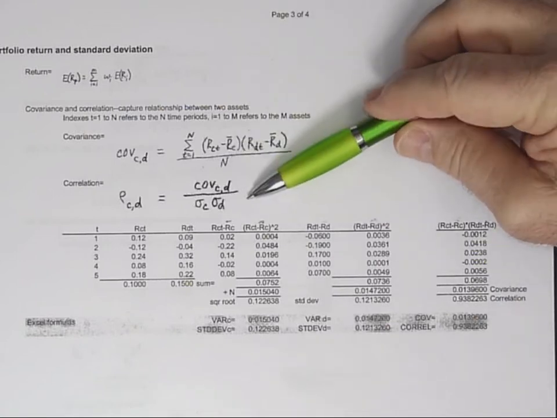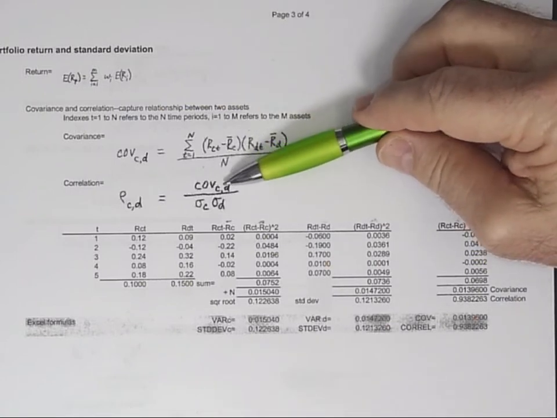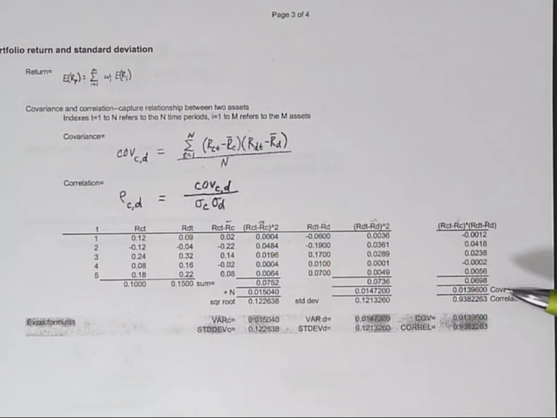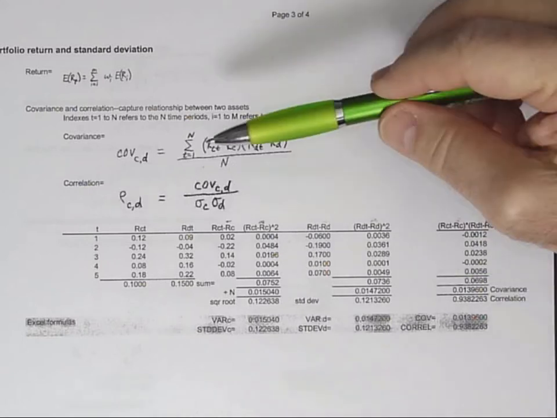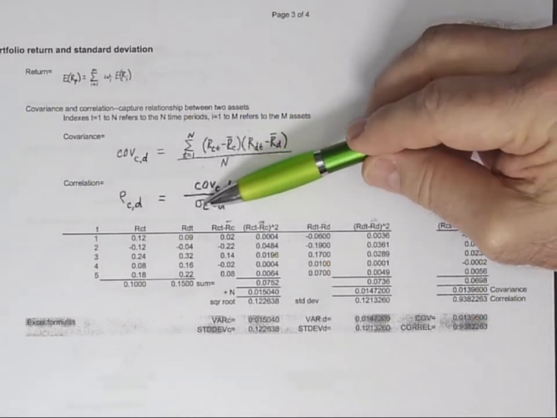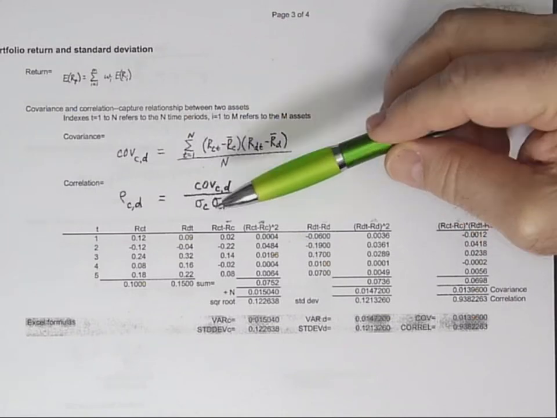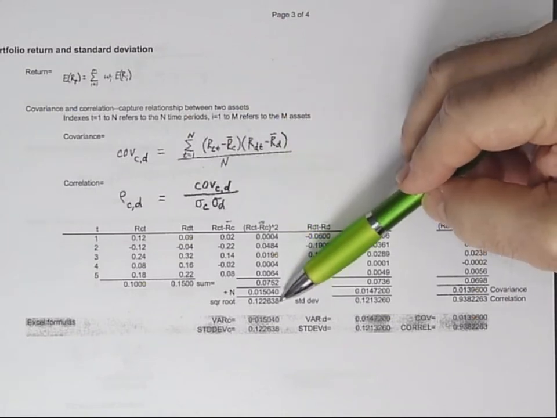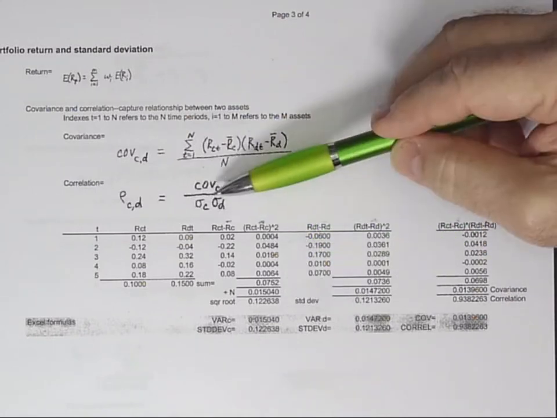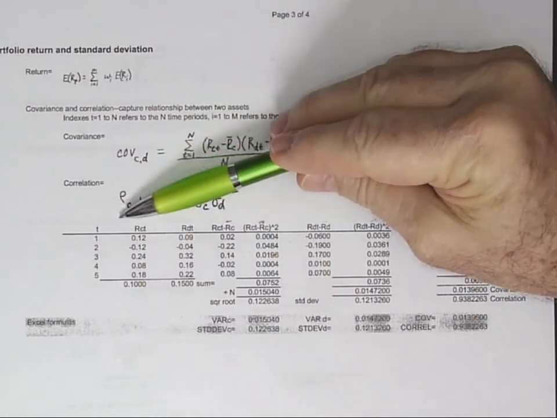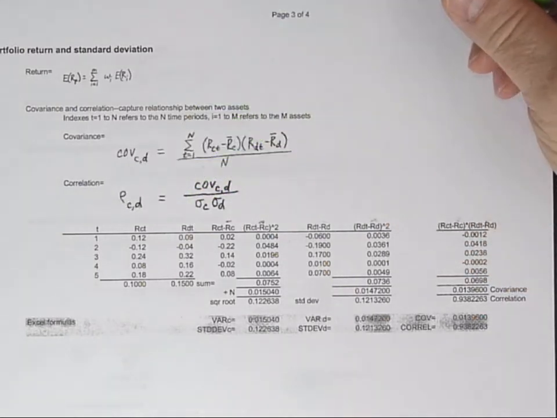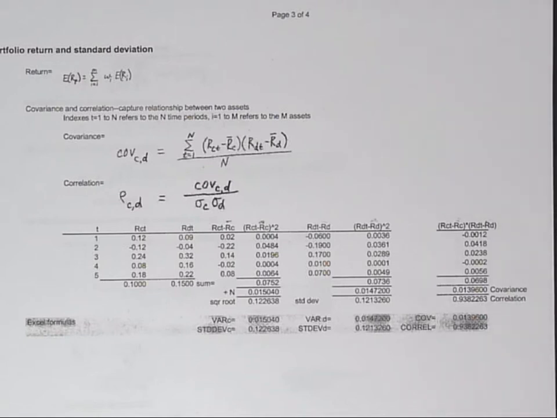What this shows is, if we take the covariance that we just calculated, this number here, and divide it by the product of the two standard deviations, this number times this number, we get the correlation coefficient. This is a Greek rho. The correlation coefficient is a little bit more intuitive.